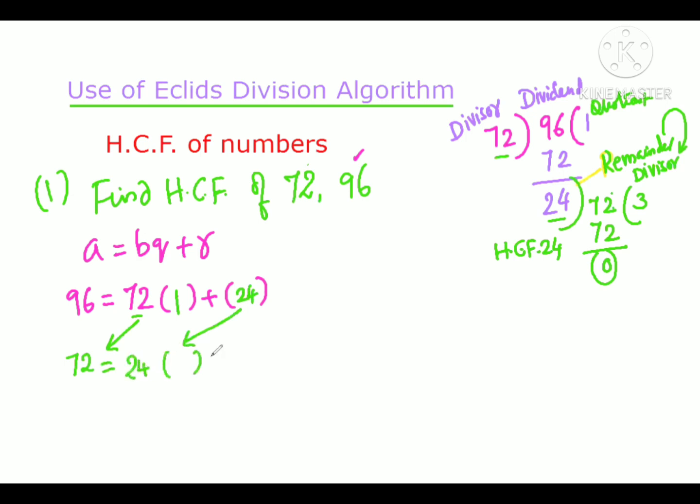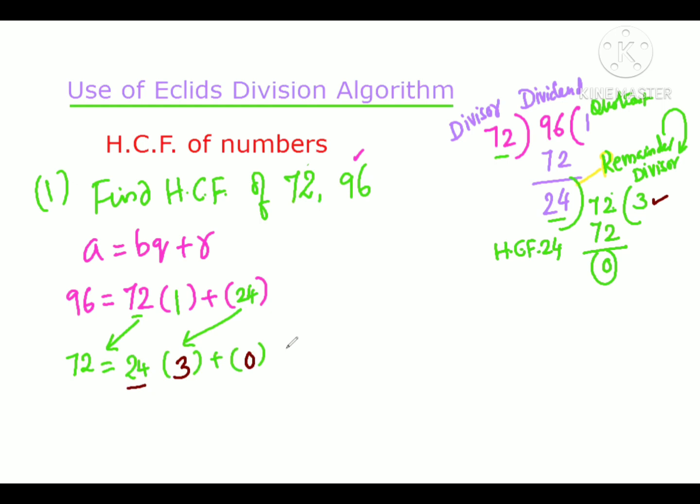Then you have to find Q and R. That means 24 divides 72. After division, what is the quotient and what is the remainder? We got quotient 3 and remainder 0. Now the process is over.